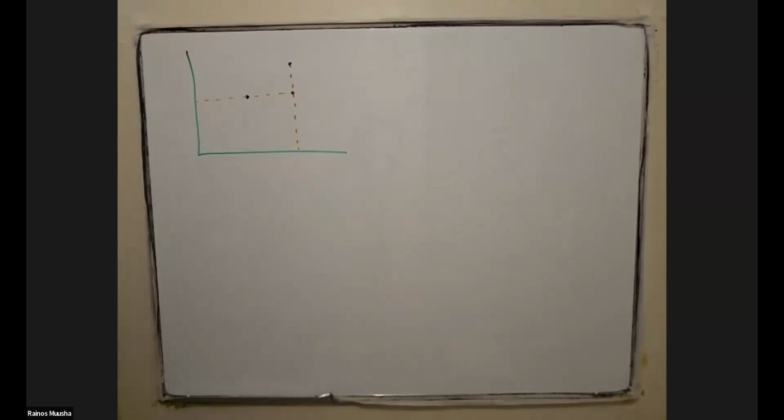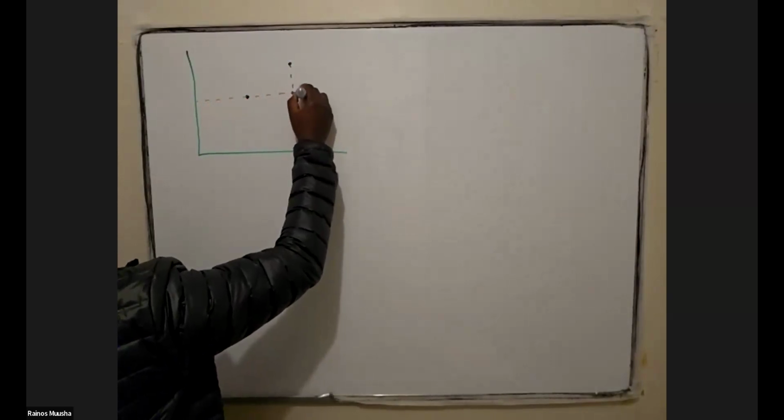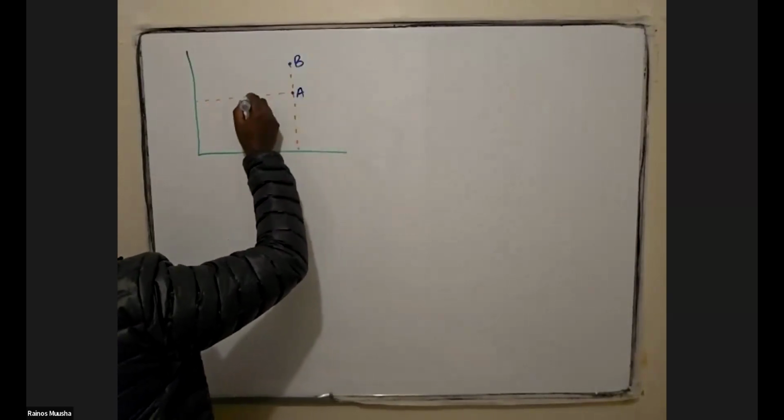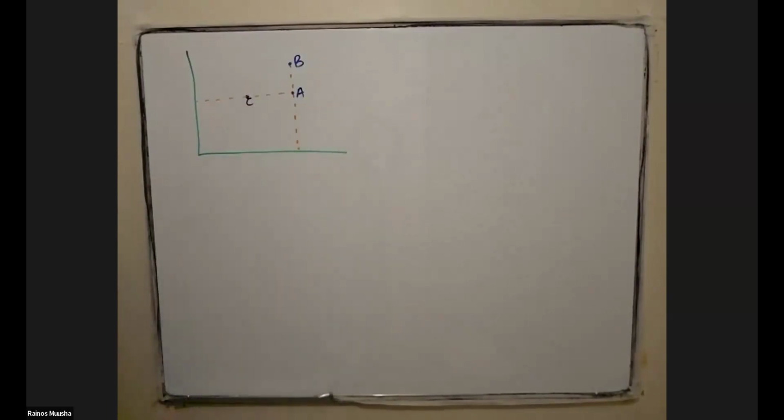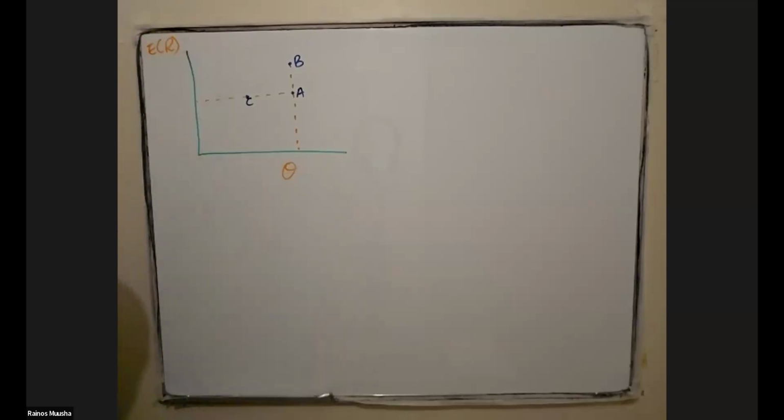So we have assumed investments A, B, and C. We're given the expected return against the standard deviation.